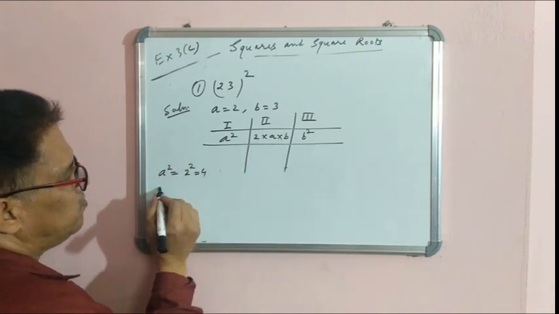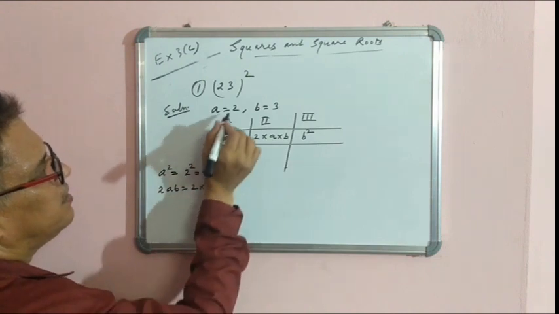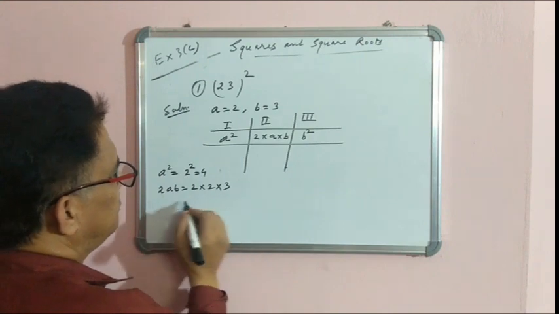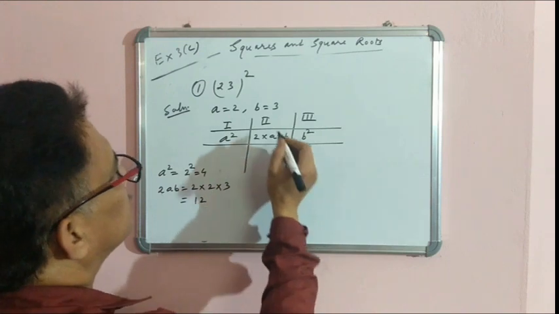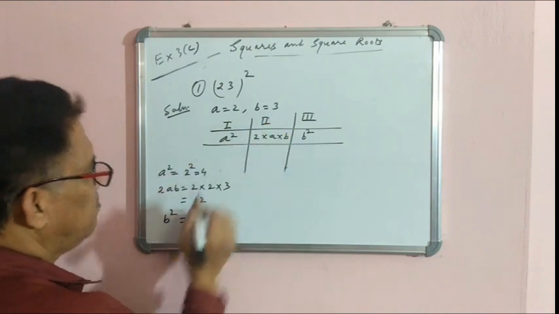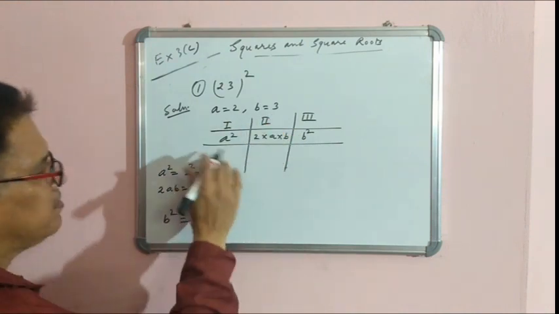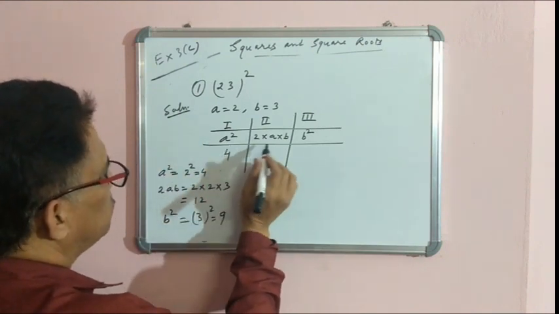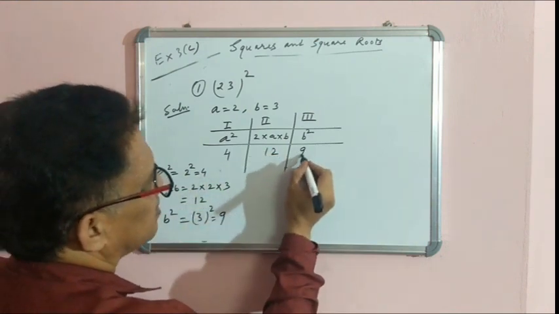Now 2AB is 2 into 2 into 3, so we are getting 12. And B square, where the value of B is 3, is equal to 9. Now we put all these values here: A square is 4, 2AB is 12, and B square is 9.